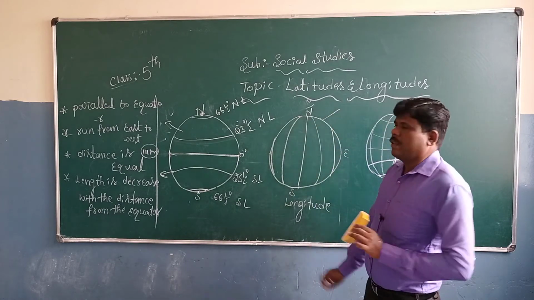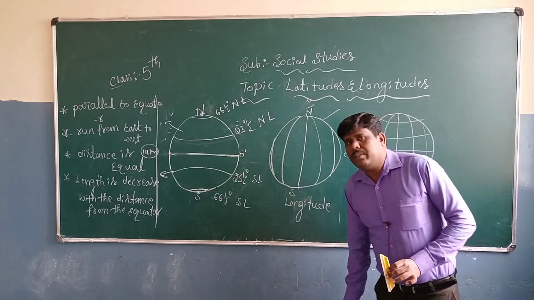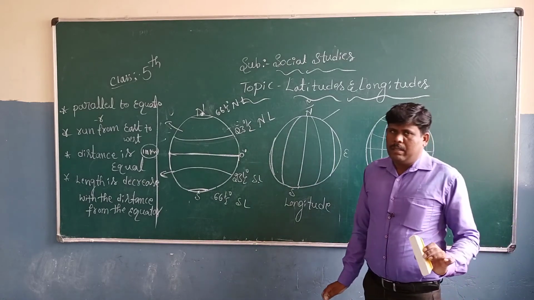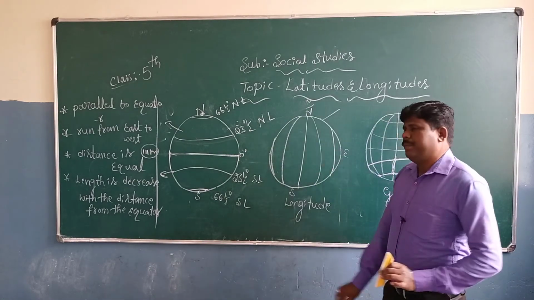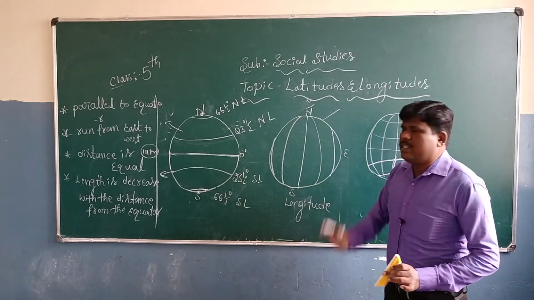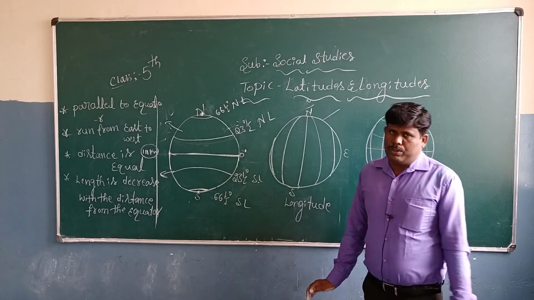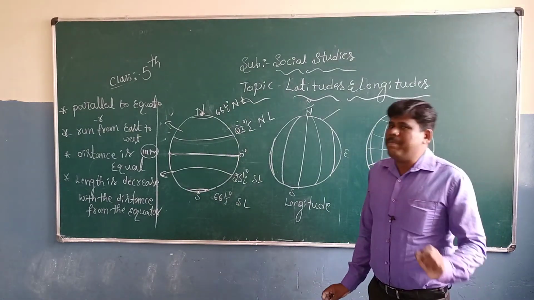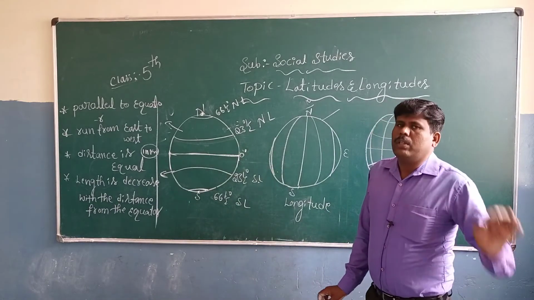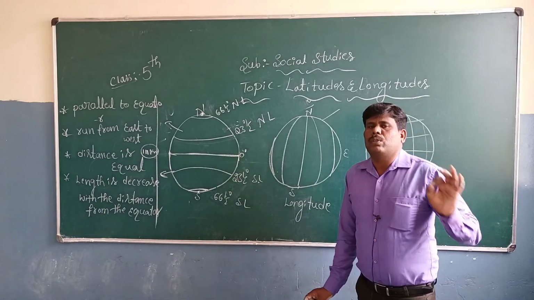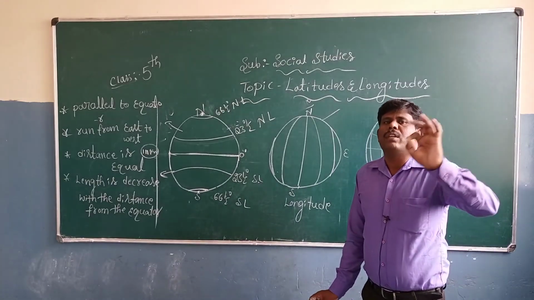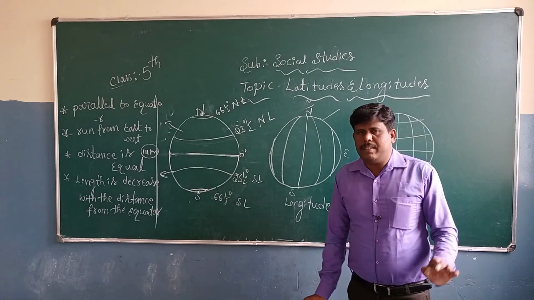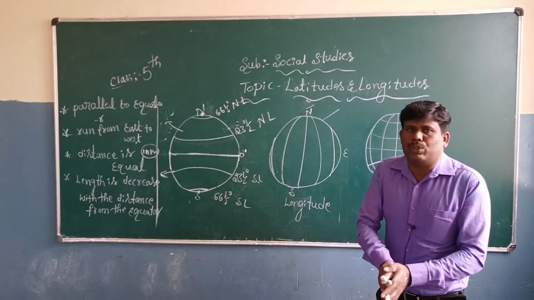Let's see longitude. North to south, or vertical lines, are called longitudes. Basically, the prime meridian passes through Greenwich in London.